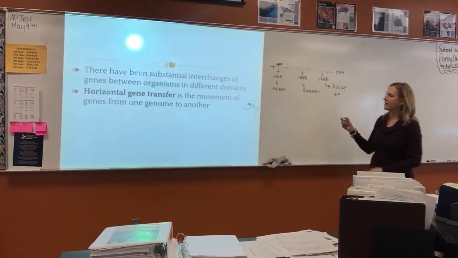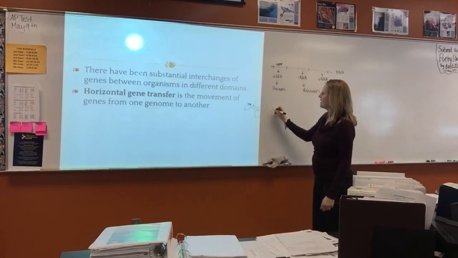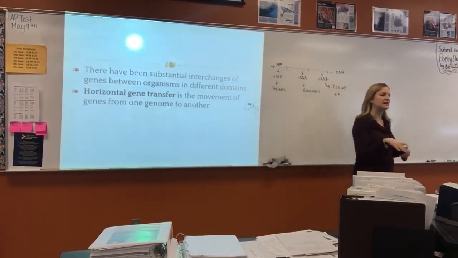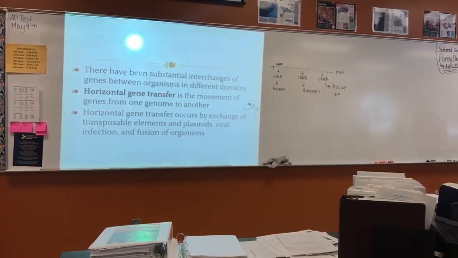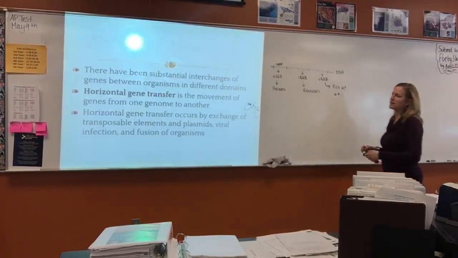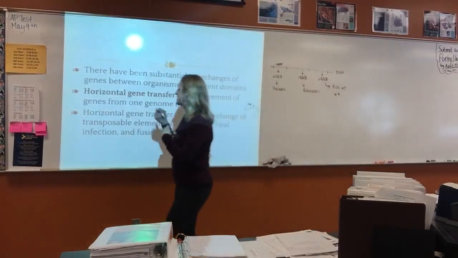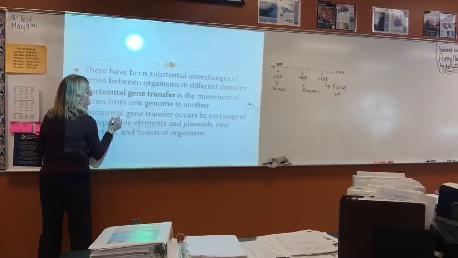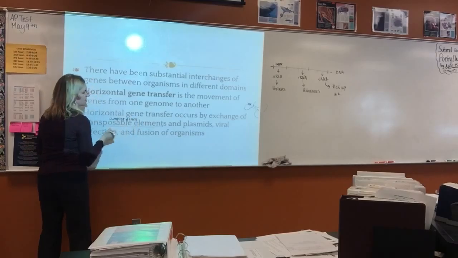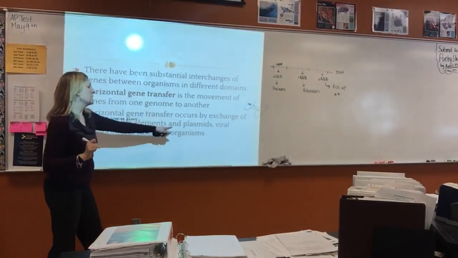Another way is that bacteria can take in plasmids from outside sources as well. This is transformation, which we did in the lab. All right, so horizontal gene transfer occurs by exchange of transposable elements, also called jumping genes, so genes can jump from one chromosome to another.